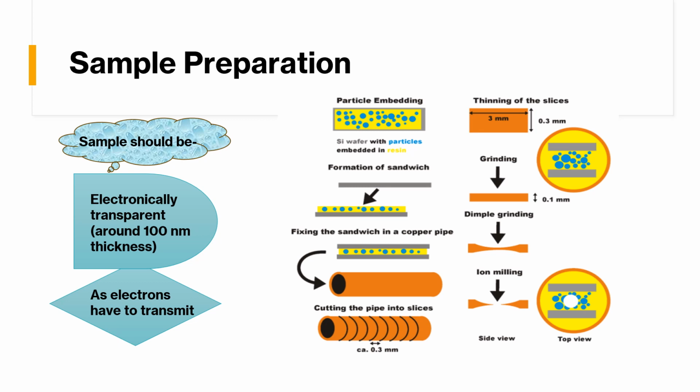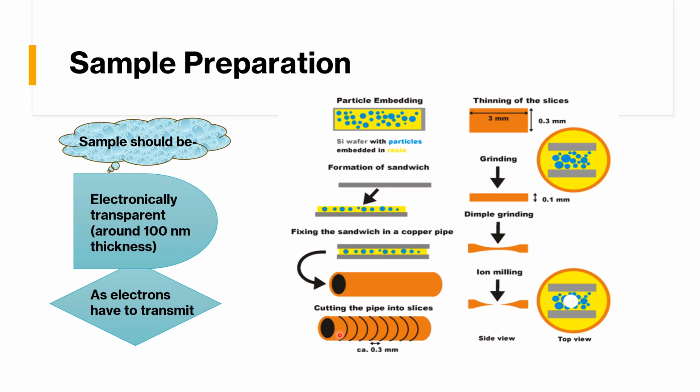The main thing in all this is the sample preparation. For electrons to pass through, the samples must be electron transparent, with a thickness of around 100 nanometers. This is the main tedious process. Starting out, we have a silicon wafer on which resin is embedded and the particle is put, and this is sandwiched with two silicon wafers and put in a copper wire.